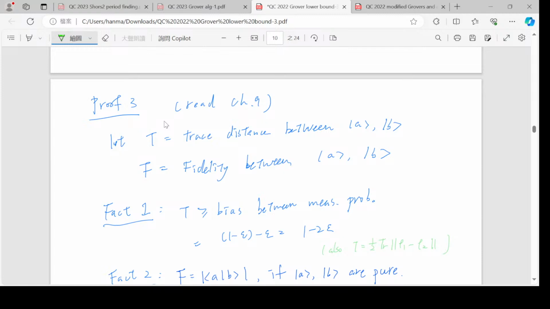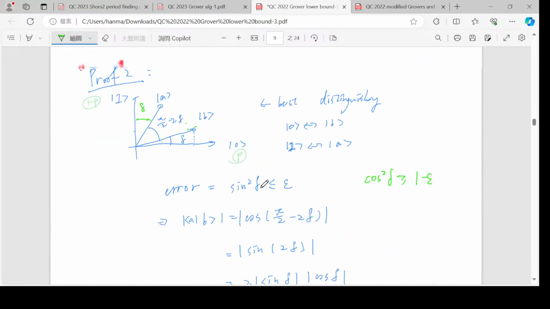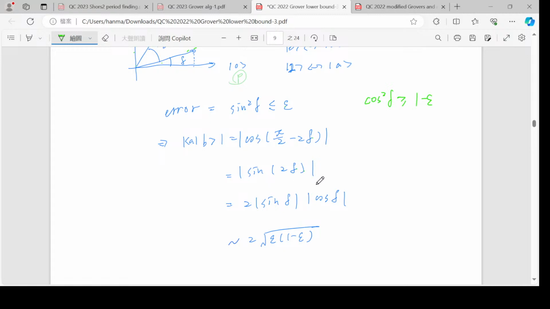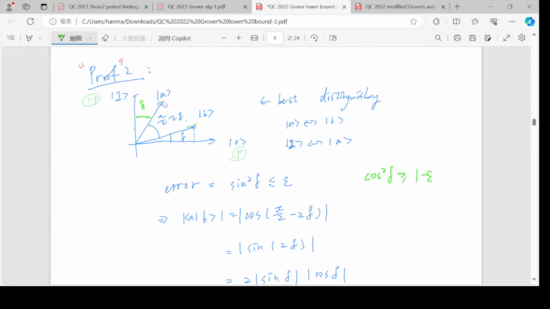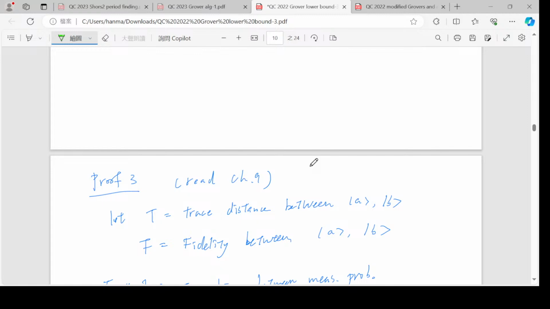Okay, so they introduce this information theoretical quantity. On a very high level, what we want to do here is we have 2 states A and B, and we want to study their distance.